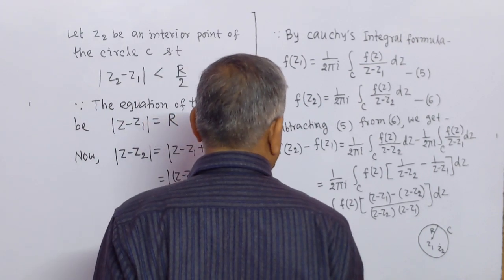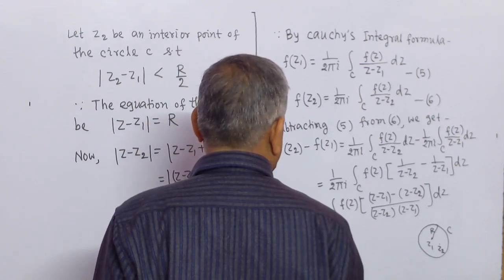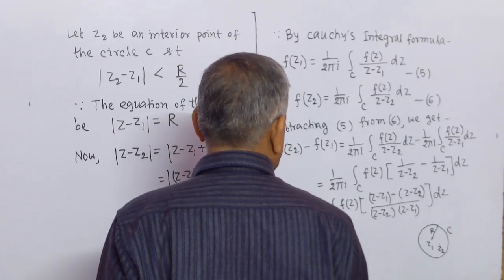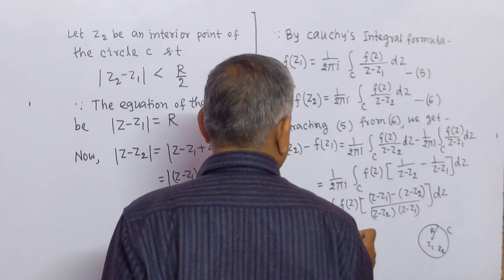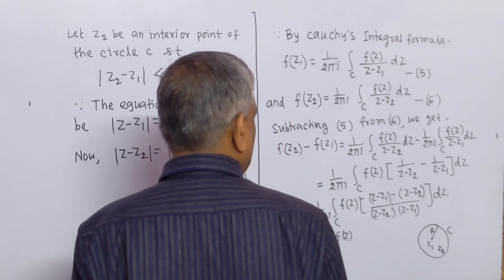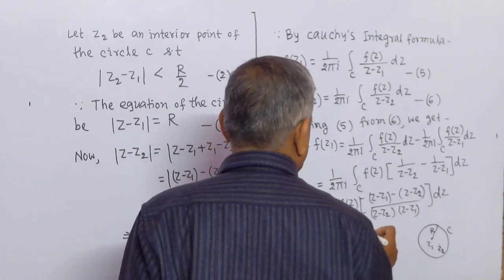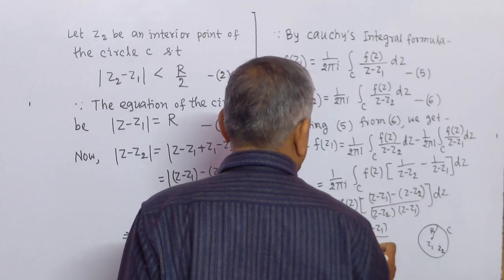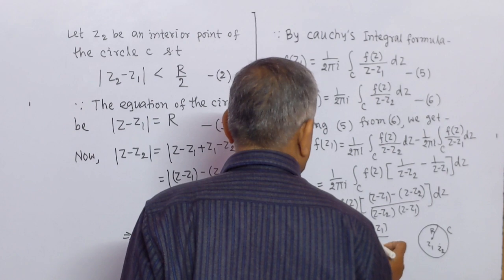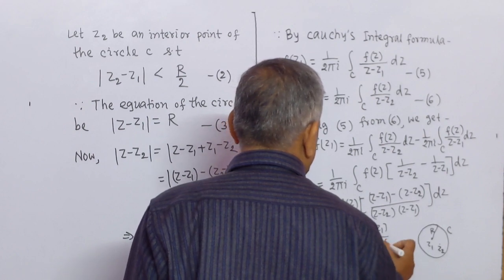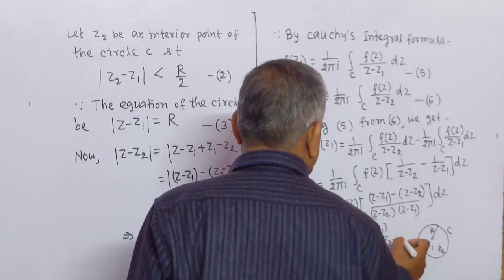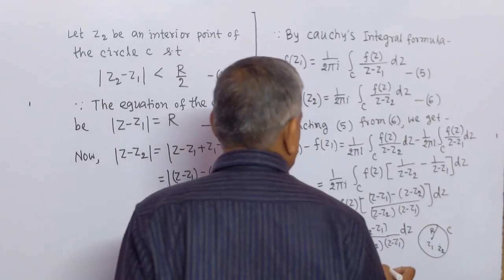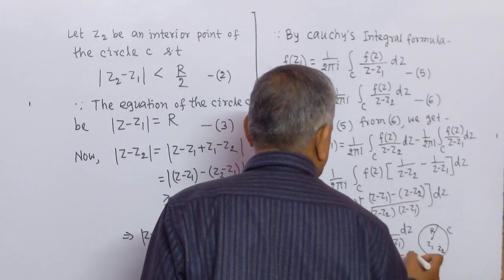This equals 1 by 2 pi i integration along the circle C, f(z) times (z2 minus z1) by (z minus z2)(z minus z1) dz. This is number 7.